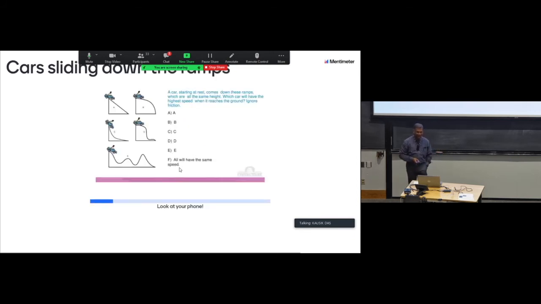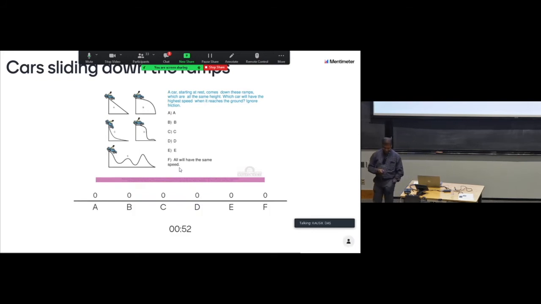This is a conservation of energy principle question. I gave the hint. A car starting at rest comes down these ramps, which are all the same height. Which car will have the highest speed when it reaches the ground? Ignore friction.